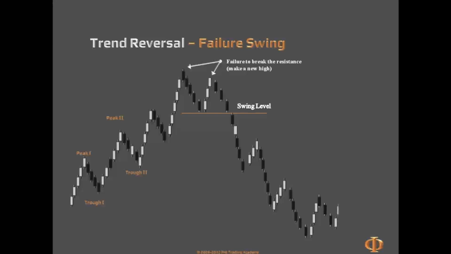If now we see the failure to go lower, to break the support, and subsequently we see the swing by breaking the last top, then we have the opposite case, which is a failure swing to go long. Alright, so this is the way that we use this formation to enter the market, and you will see in a minute that it is very much related to the way we'll use Fibonacci today.